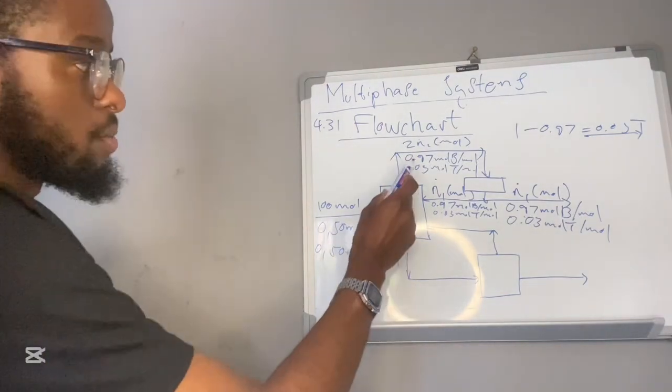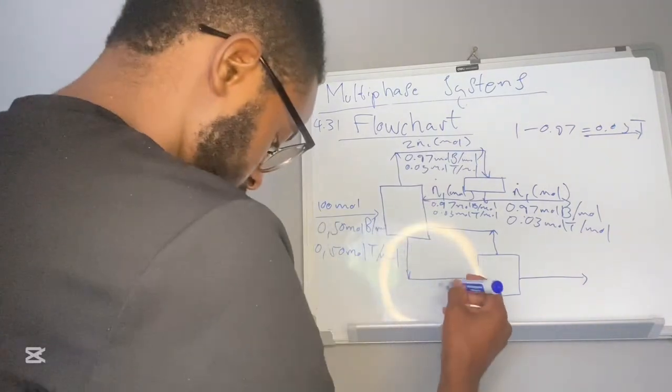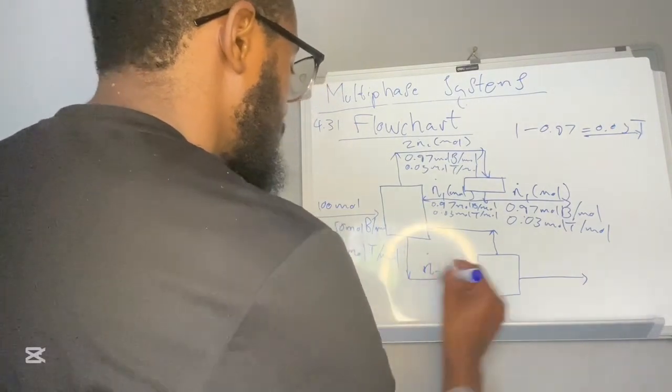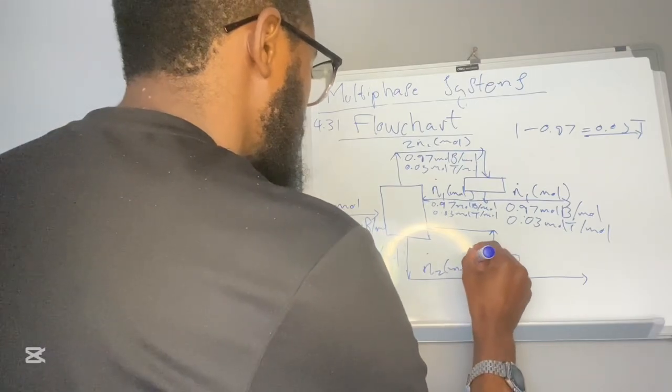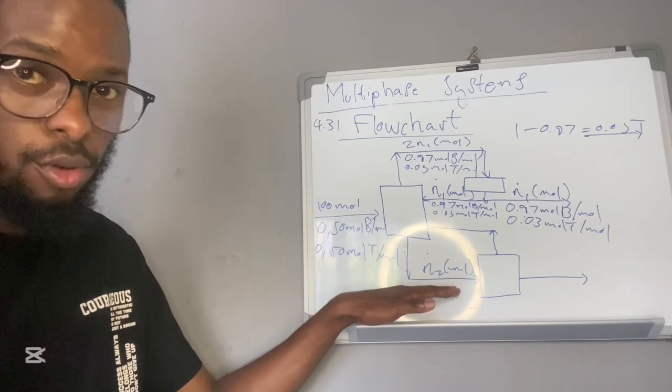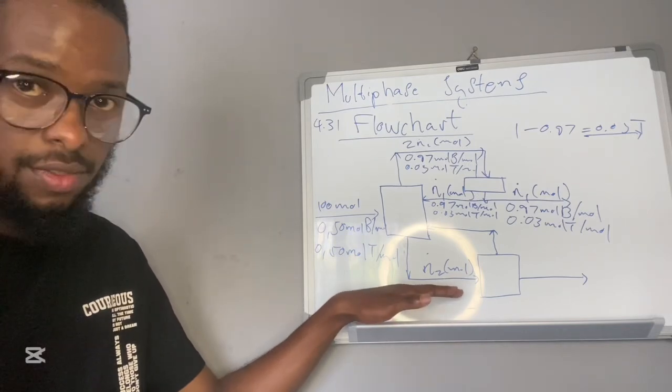So if this is N1, then this is N2. So now we have N2 mole, right? I don't want to rush into putting the component balance for this right here.